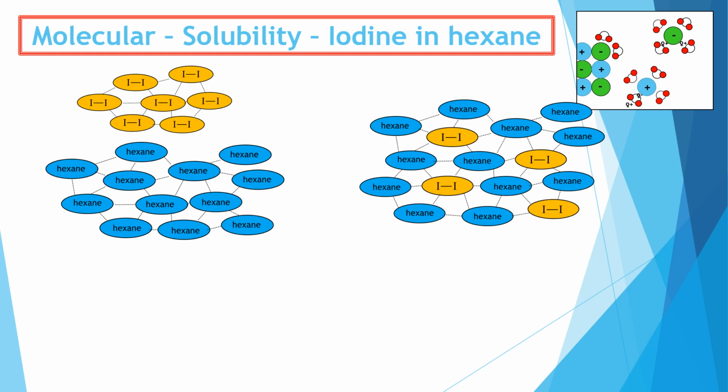Now, these are both called non-polar. So this is a non-polar solvent. So molecular solids usually dissolve in non-polar solvents, because non-polar solvents generally are a good example of molecular solids that are liquids.